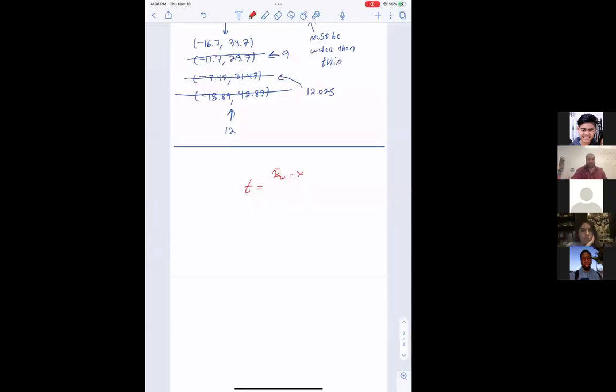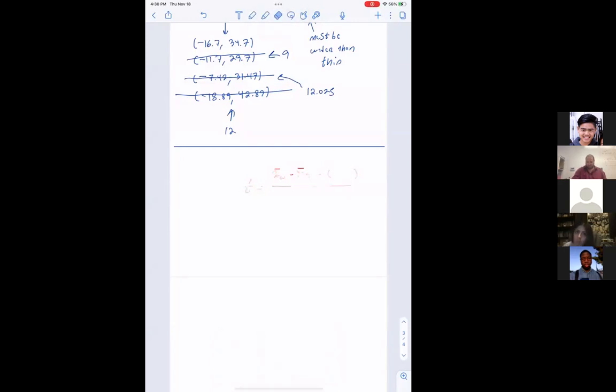So X1 bar minus X2 bar minus the assumed value if the null hypothesis is true. But this is the confidence interval, right? Yeah, this is a confidence interval. Okay, so I was doing it a different way.